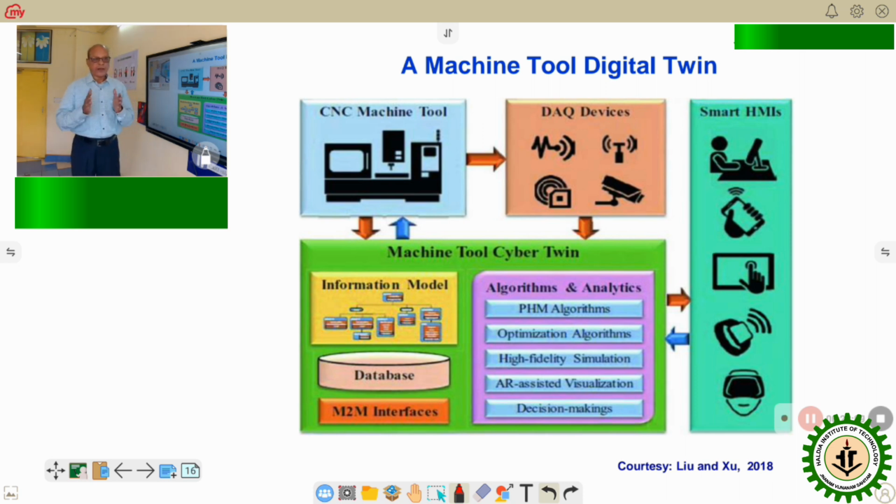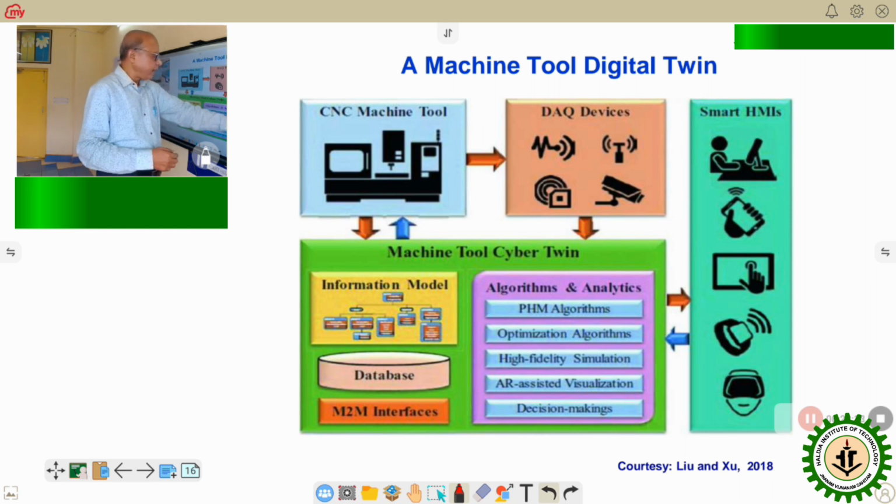So all sorts of high level decision making can be carried out by using different algorithms, analytics, and software tools which can be accessed from the cloud. Now the resulting information eventually has to be transferred back to the machine tool again. So there is a provision for two-way data transfer.